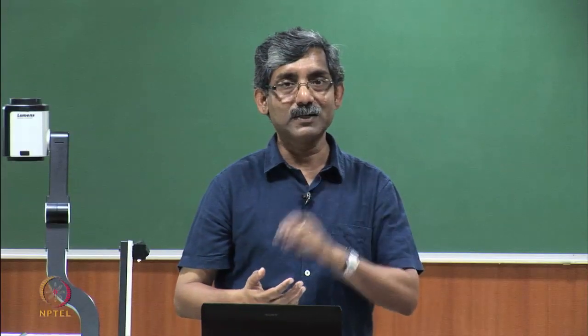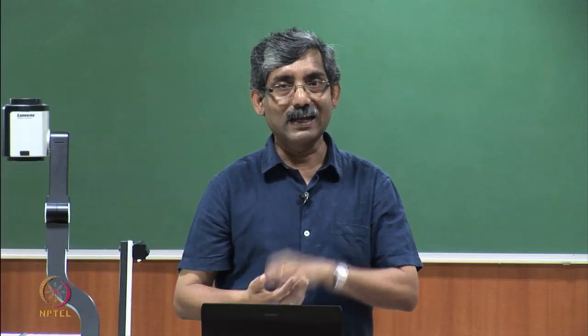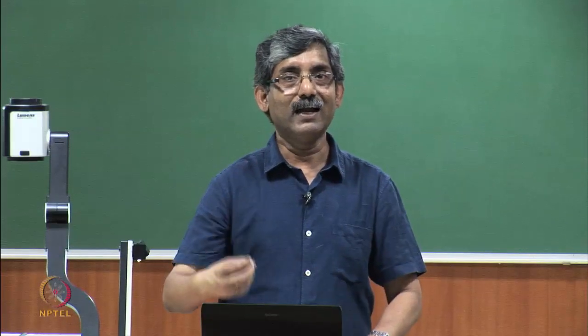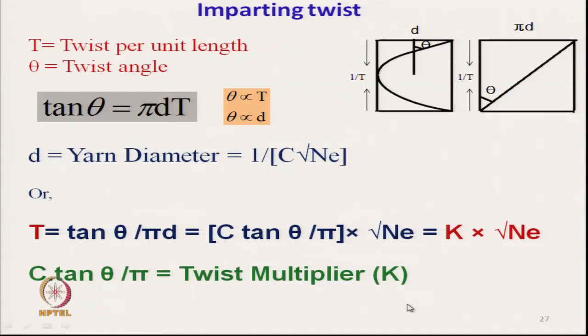If we can measure the angle, then we can calculate the value of the k value, but the theta cannot be measured easily. So, we can get this k value indirectly by measuring the yarn twist level and yarn count.